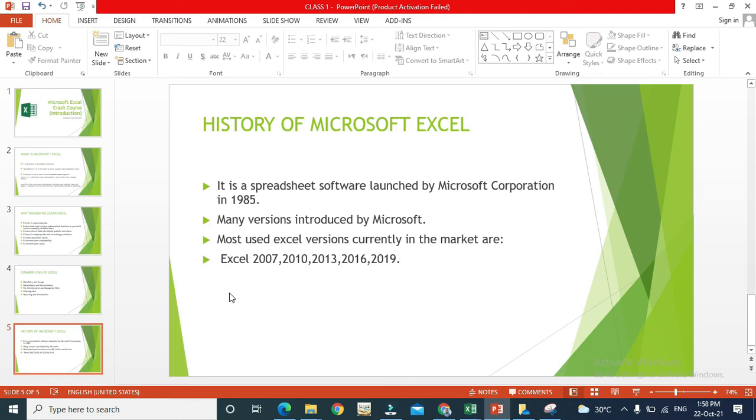There are various versions of Microsoft Excel introduced by Microsoft, and the most used versions currently in the market, because many versions are obsolete now and you cannot use them because they have only some limited functions and will not serve your purpose, are Excel 2007, 2010, 2013, 2016, 2019, and Microsoft Office 365.